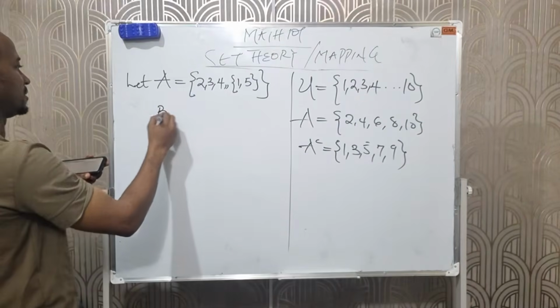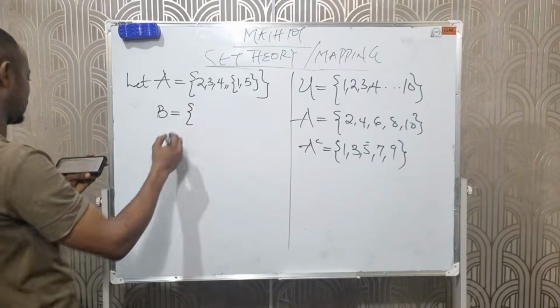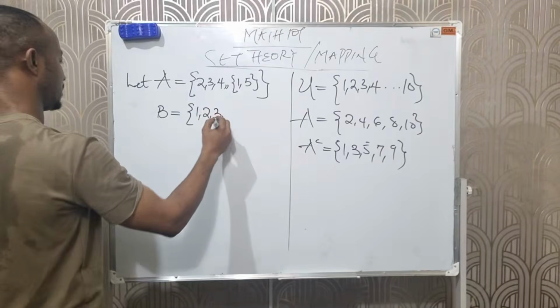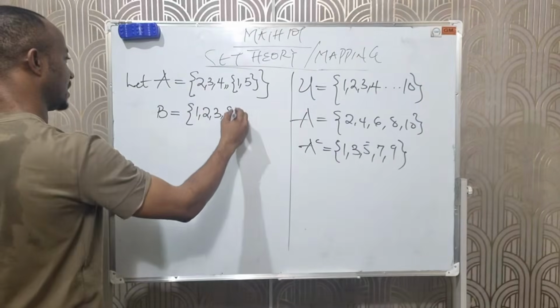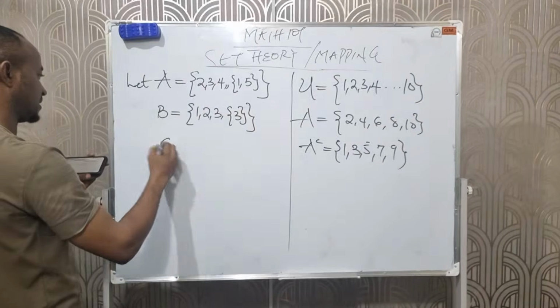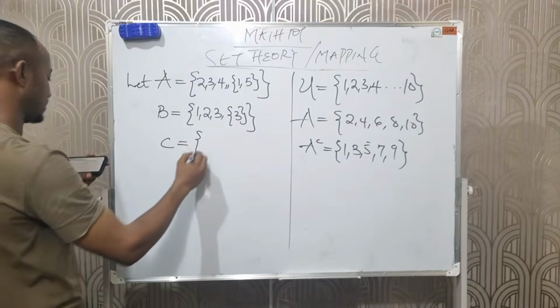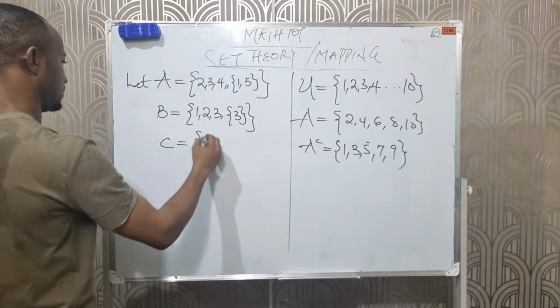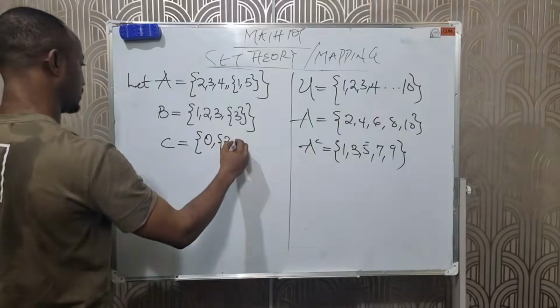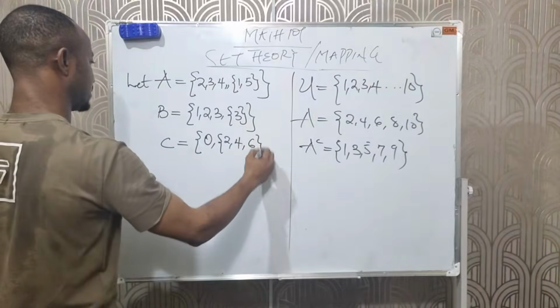And B is {1, 2, 3, {3}}. Then C is {0, {2, 4, 6}}.